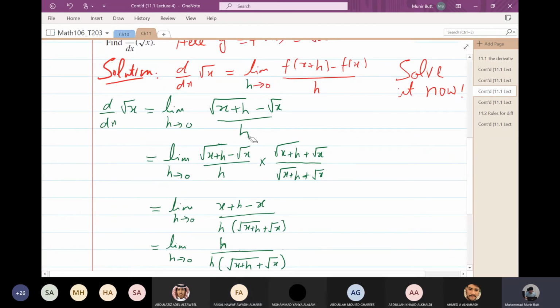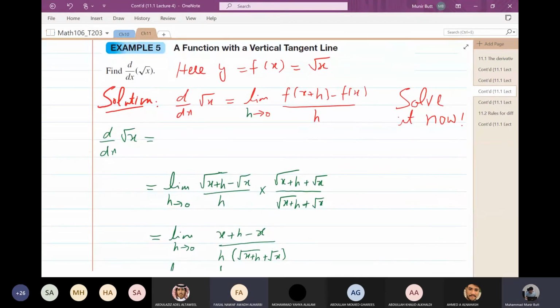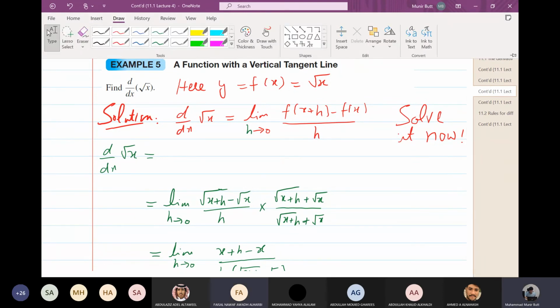So in principle, yes, if we have radicals in the denominator, then we multiply. But here the problem is that the square root is in the numerator. Okay. I get it.